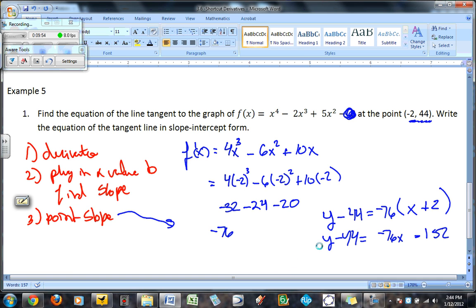And then we're going to add our 44 to both sides in order to get y by itself. So y then equals negative 76x minus 108, I believe. So that there is your equation of the tangent line at the point negative 2, 44.